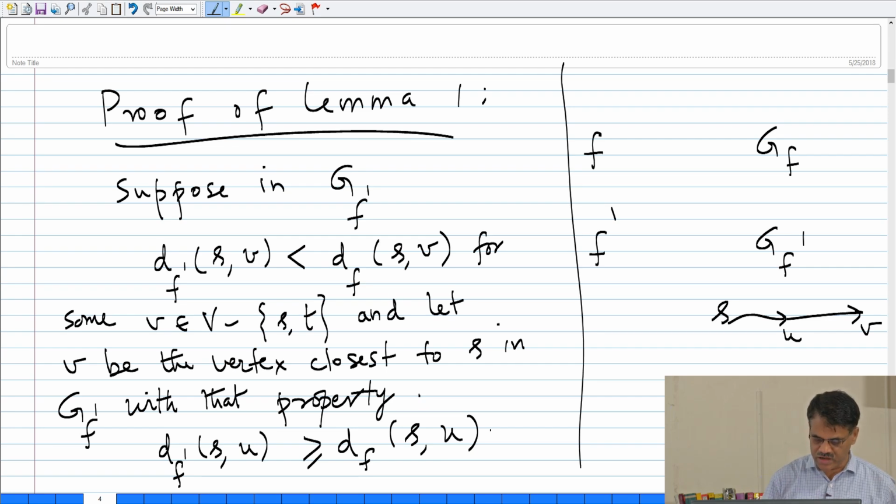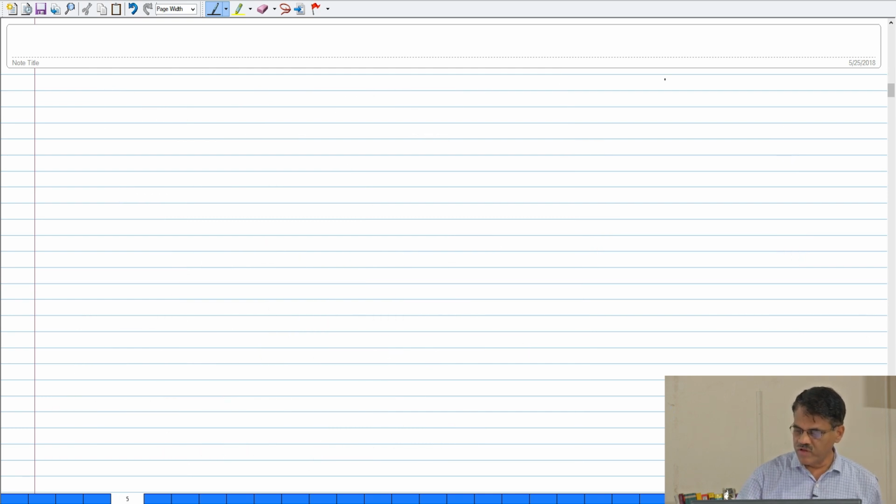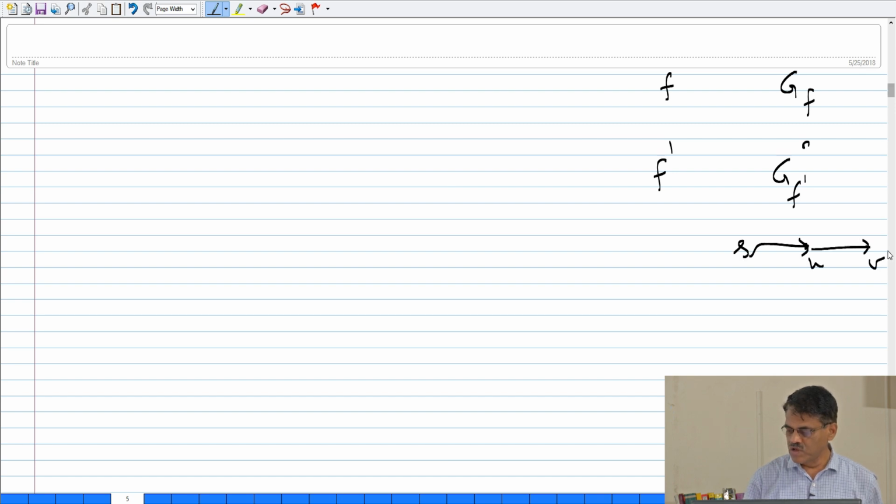So let's capture again the picture. So I have F, GF, and F prime and GF prime, and what do I know? What are the things I want to remember is that df, this is a notation which I did not really explain, but hopefully it's clear.